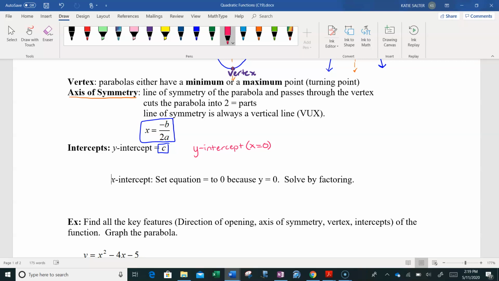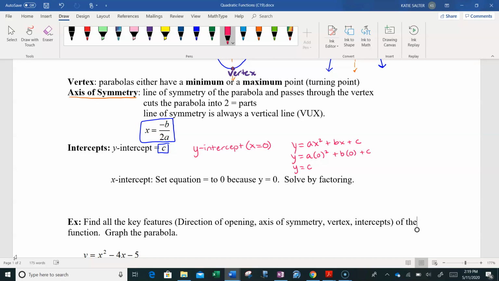So if I take this standard form, y equals ax squared plus bx plus c, and I substitute 0 in for x because I'm trying to find my y-intercept, when I multiply whatever a is by 0 and whatever b is by 0, those terms just go away and I get c. So that's why anytime we have our quadratic equation in that standard form, ax squared plus bx plus c, the constant term is always the y-intercept.